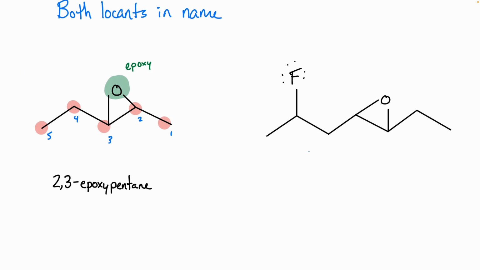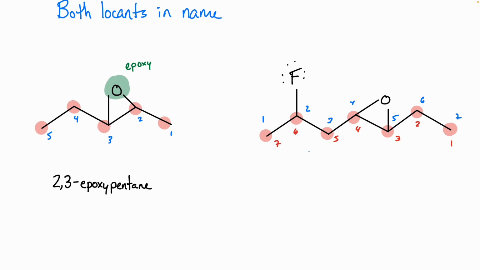Same thing over here. Find my parent chain: 1, 2, 3, 4, 5, 6, 7 carbons. I'm going to number these both ways here. 1, 2, 3, 4, 5, 6, 7. And going the other way, 1, 2, 3, 4, 5, 6, 7.